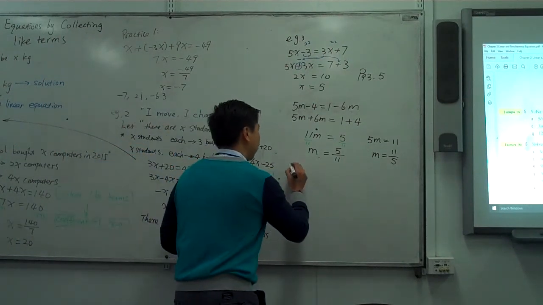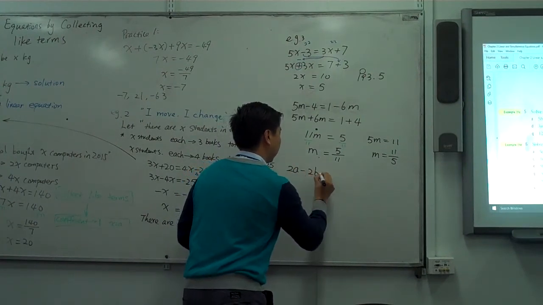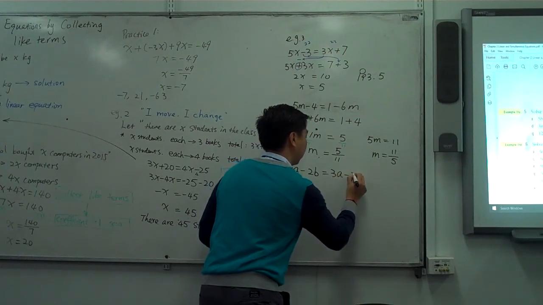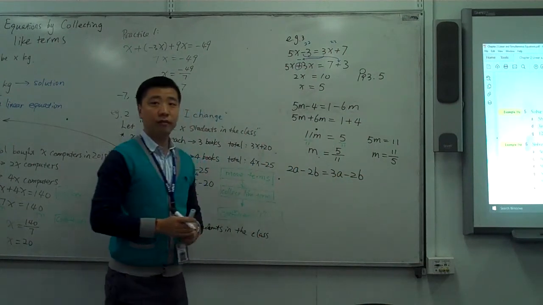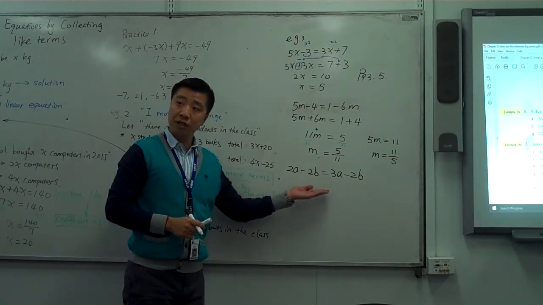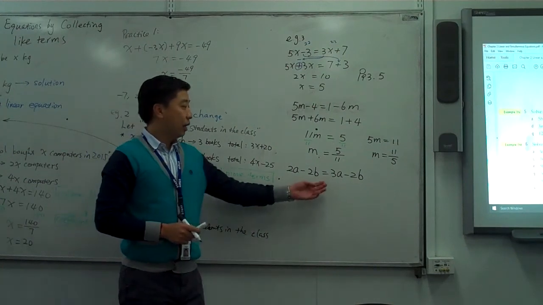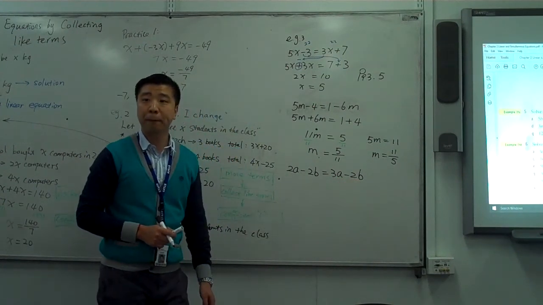Let's have a look at this question. Now you don't have to write down. Look at here. I use this one to do the revision for today. 2a take away 2b equals 3a take away 2b.